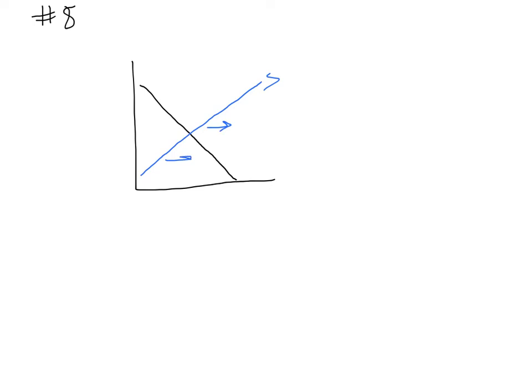If I go back and draw a demand curve, you've got demand, meant to do that in red, sorry. You've got a supply curve here. If the only thing that changed was an increase in supply, we would assume that we would see a lower price.